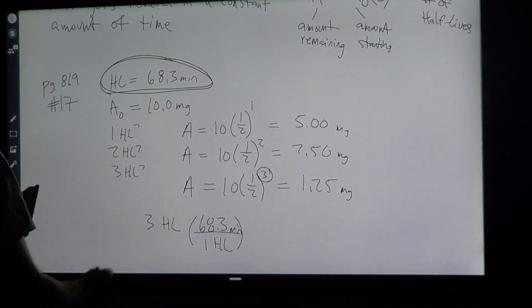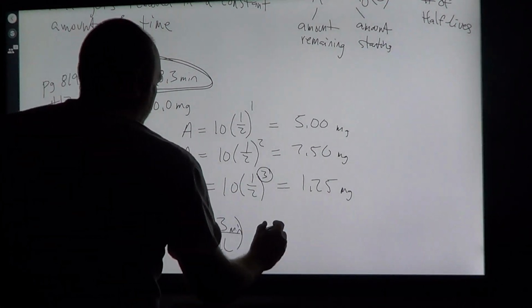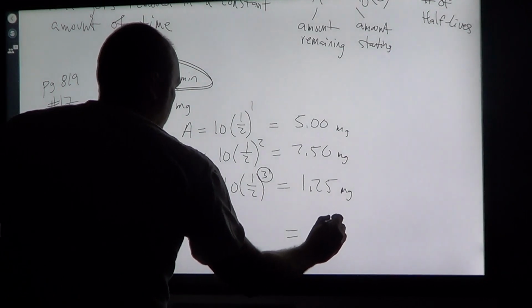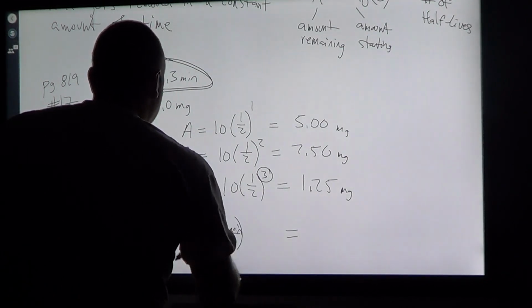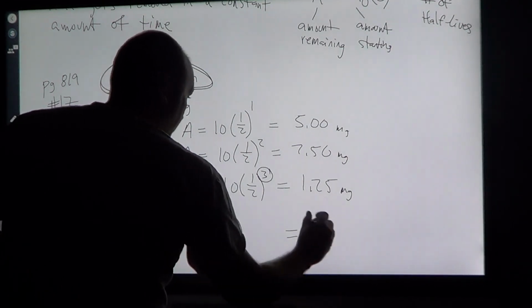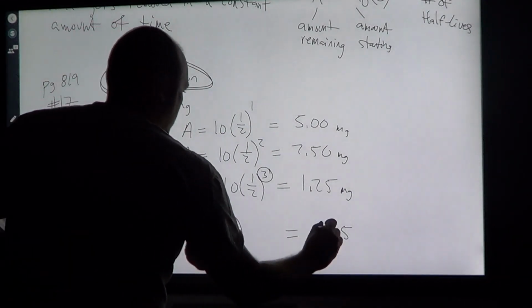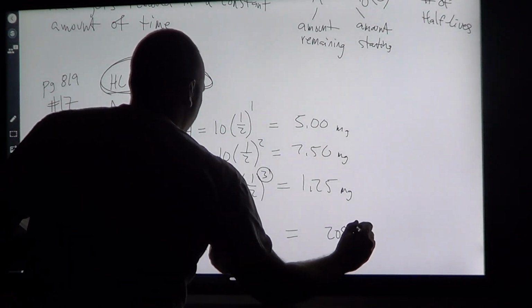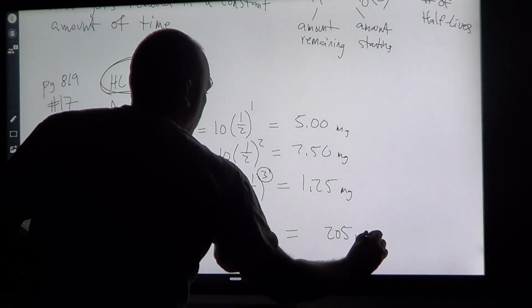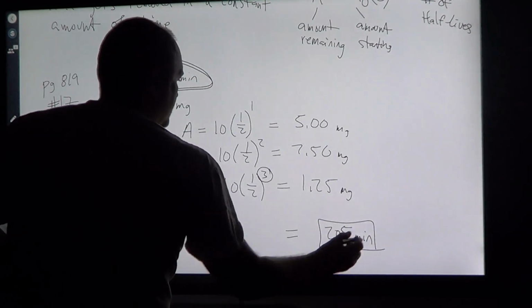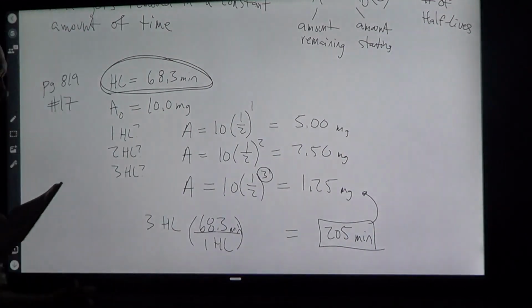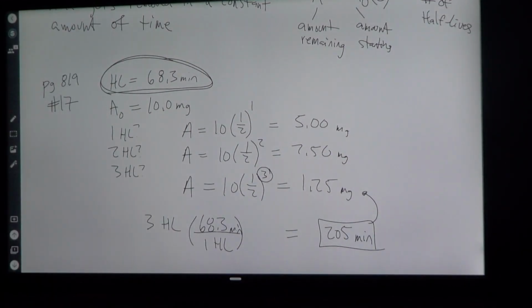And so then you would just do 3 times 68.3. Okay, so let's see, 3 times 8 is 24. It'd be 205 minutes. It would only have 1.25 milligrams left.